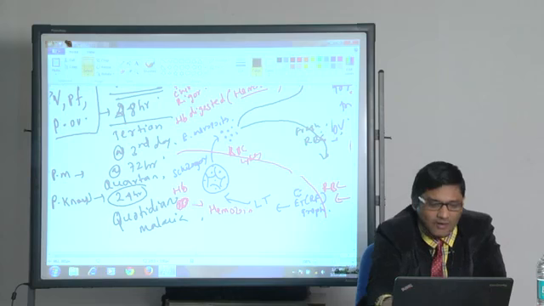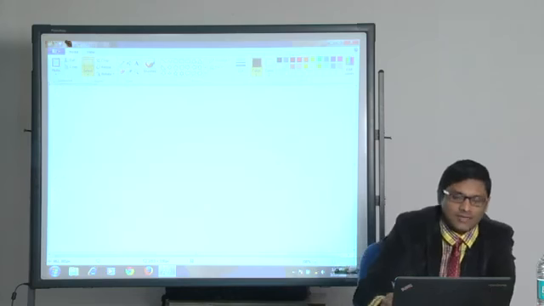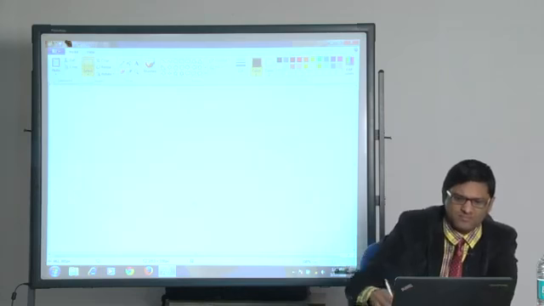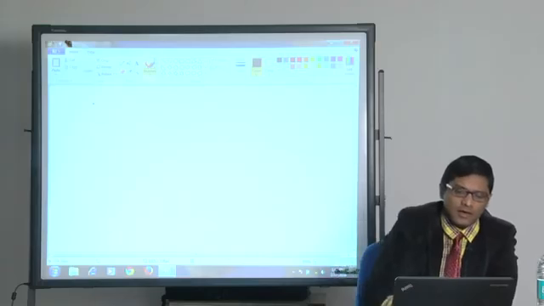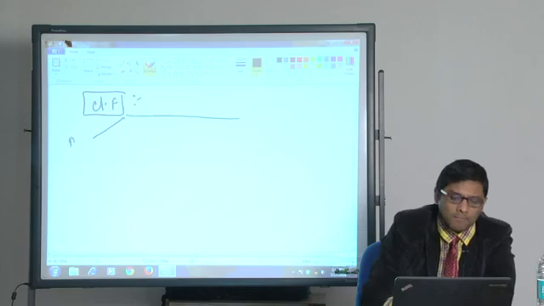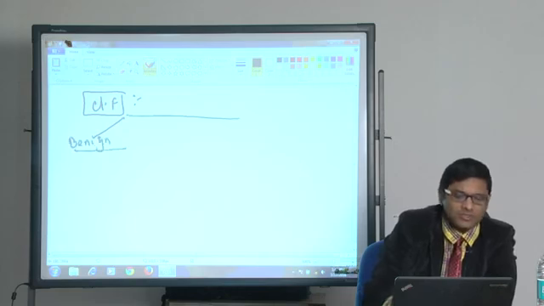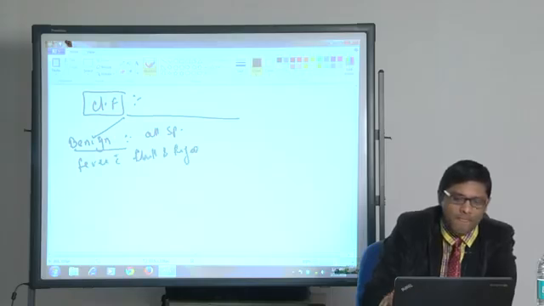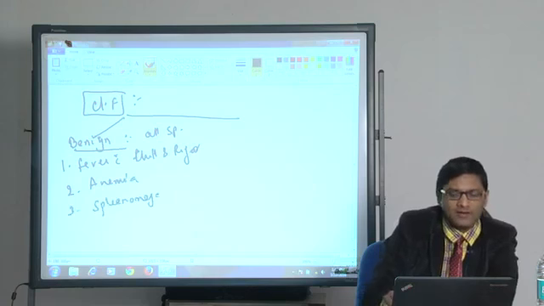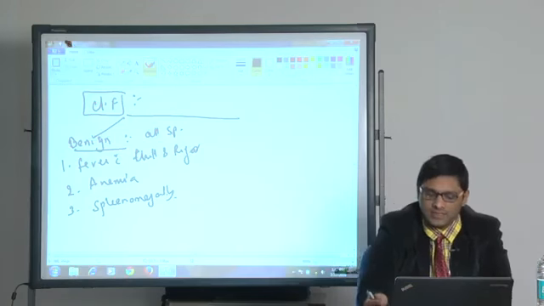Whatever I have discussed is about the life cycle of the malaria parasite. Now the clinical manifestations, the benign manifestations which are common to all species, are fever with chill and rigor, anemia due to burst of RBC, and splenomegaly, because the spleen is the site where they try to engulf the parasitized RBCs and destroy them.